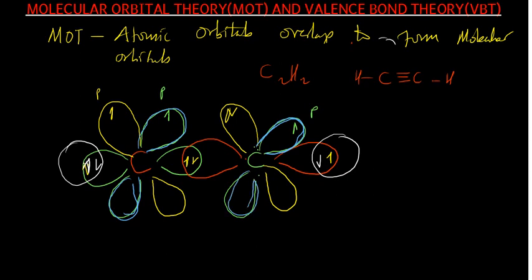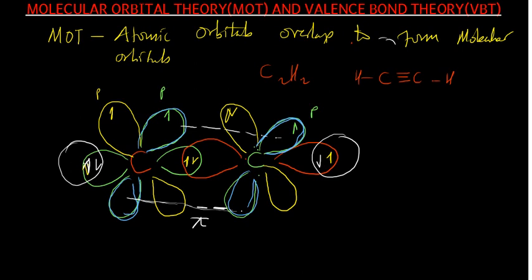All right. So what is going to happen is this: the ones in blue are going to overlap. This one is going to overlap with that other one on that side, and then even down they are going to overlap. So this overlapping is what forms a pi bond. That is the first bond that we have formed due to overlap. It's a pi bond.